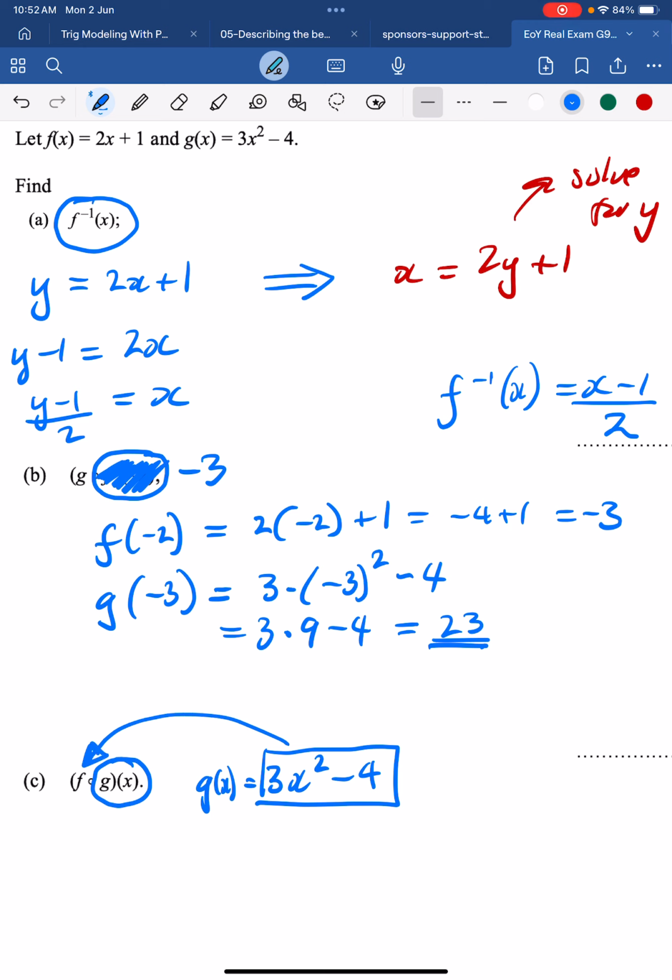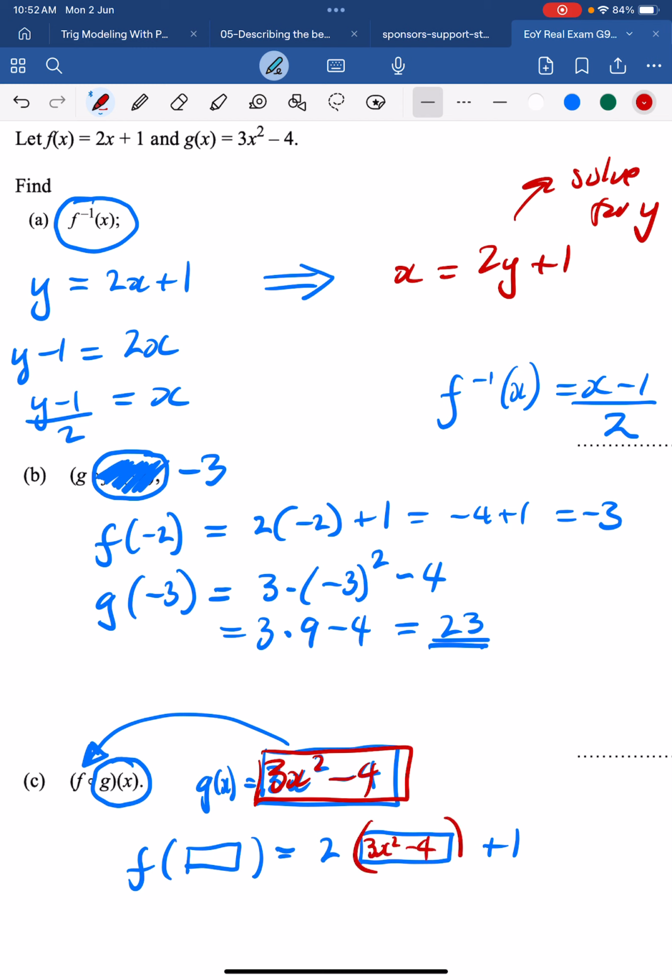The f function tells us f of whatever we put in, we have to do 2 times the input plus 1. And this is a good way of thinking about it: whatever we put into the f function, we times it by 2 and we add 1. And so can you see that this 3x squared minus 4 in this box here is what we feed down here. So that's 3x squared minus 4.